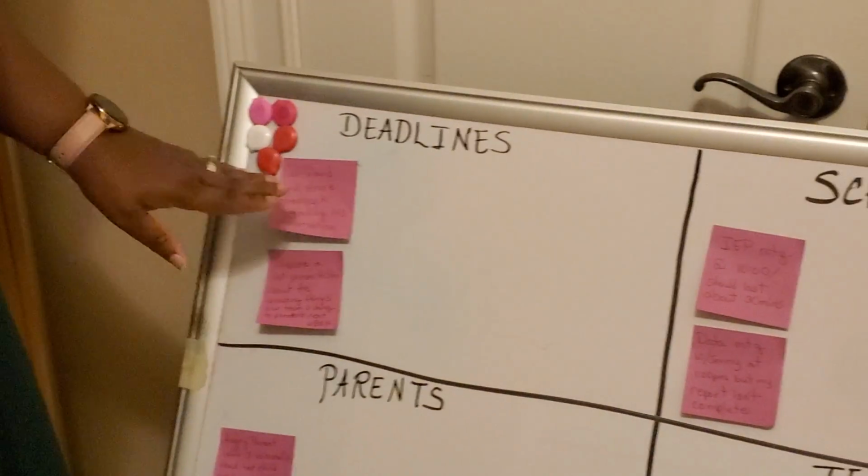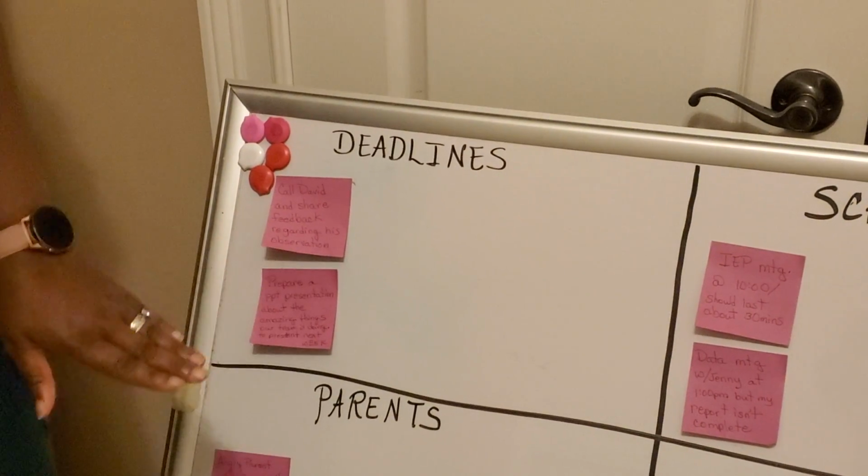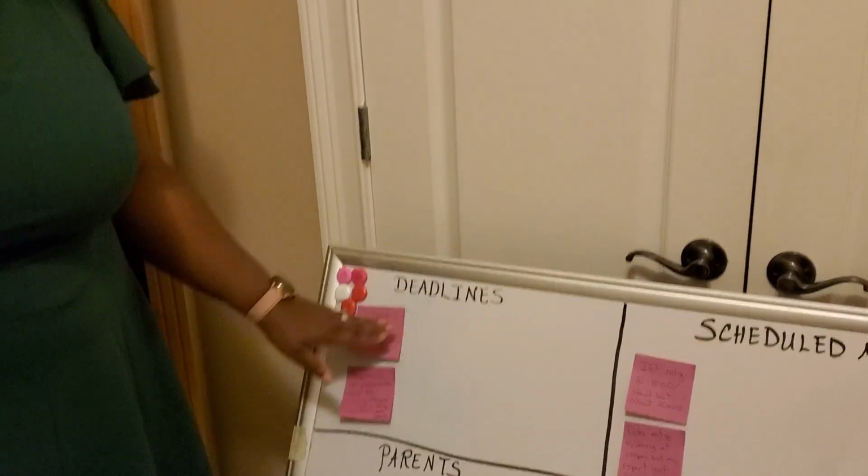Then I looked at those that had deadlines. The ones that had deadlines were I needed to follow up about an observation with the teacher. His name is David. And in doing so, I know that there's a time frame that I need to give him feedback. So I wanted to make sure that was at the top of my list.